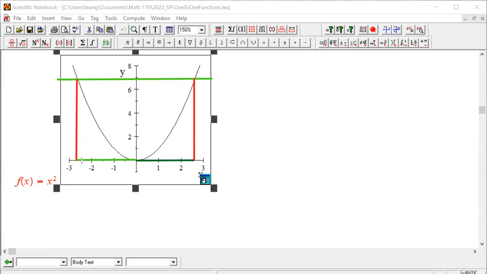So different inputs, same output. That's a violation of the definition of a one-to-one function. The definition of a one-to-one function says for different inputs, the outputs must be different. So now we know it doesn't pass the horizontal line test.